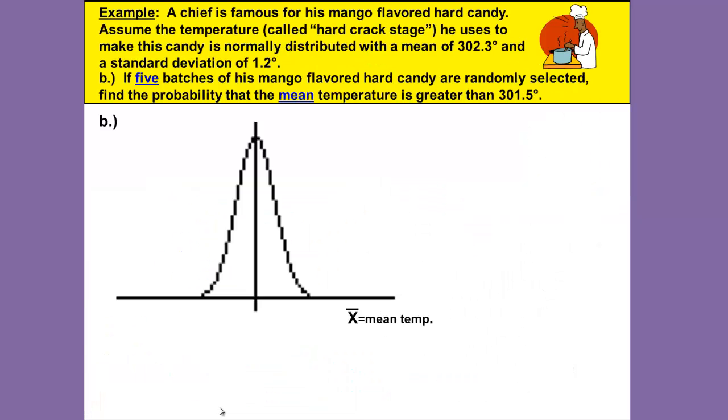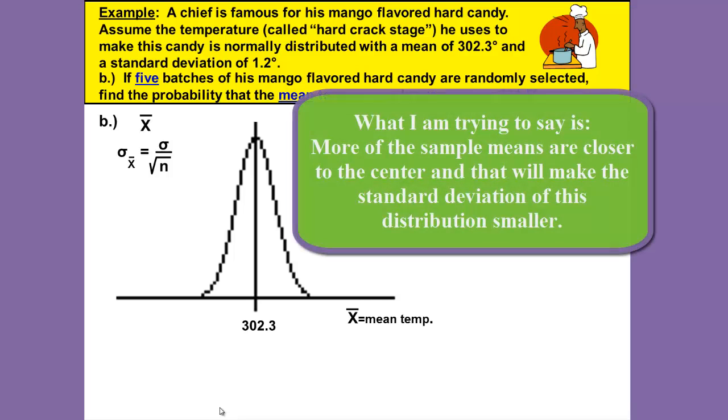Again, draw your normally distributed curve and place the mean, which is still the mean, in the center. That will be the 302.3. The standard deviation of the sampling distribution will be sigma divided by the square root of n.